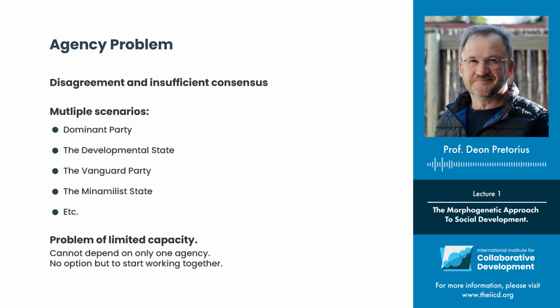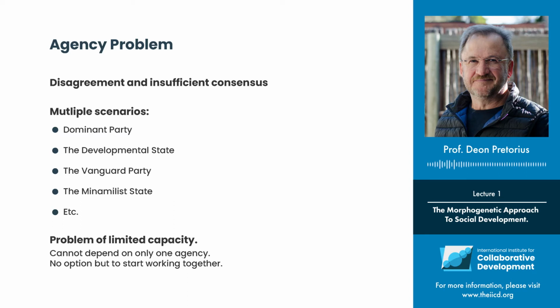In a country like South Africa, we simply have no choice but to opt for an alternative in which these different sectors of society and agencies have to work together with one another. And this has simply got to do with a problem of limited capacity.